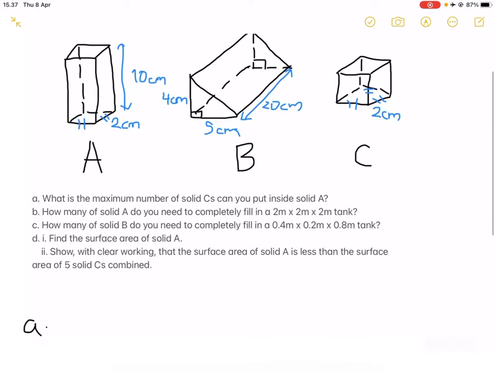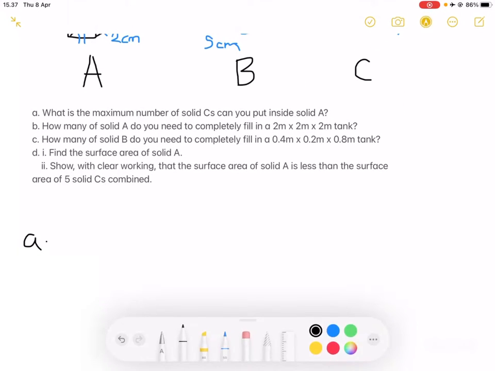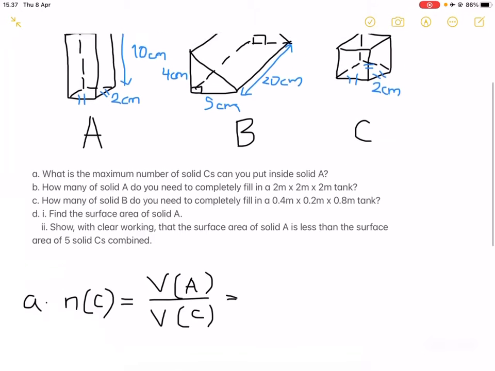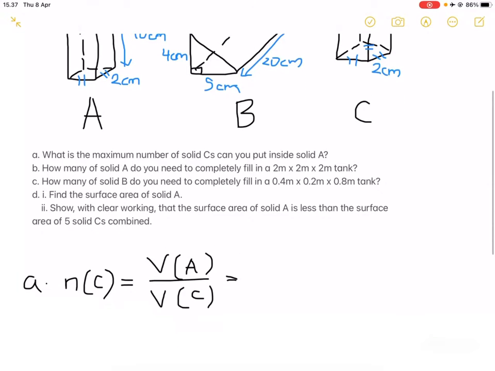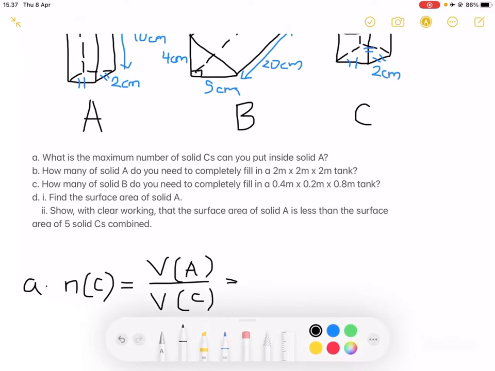Now when you face these types of problems, there is a formula to solve this. So the number of solid C's, I'll just call it N of C, is equal to the volume of solid A, which is the bigger volume, divided by the volume of one single solid C. So the volume of solid A, well, notice that it is a cuboid with side lengths 2 centimeters, 2 centimeters, and 10 centimeters. So that will be 2 times 2 times 10. And now extract the units at the front.